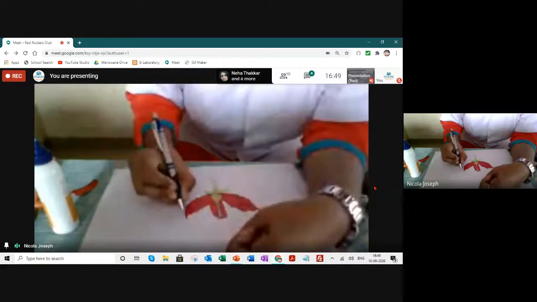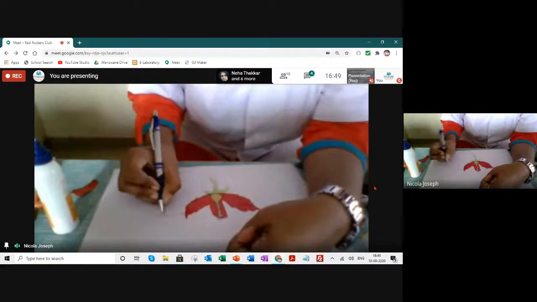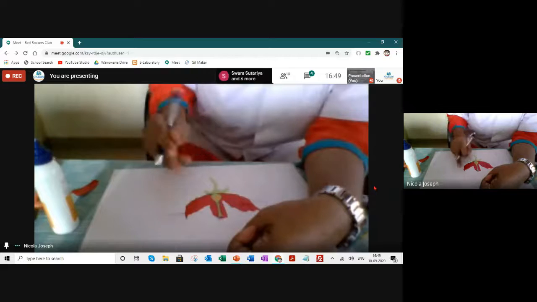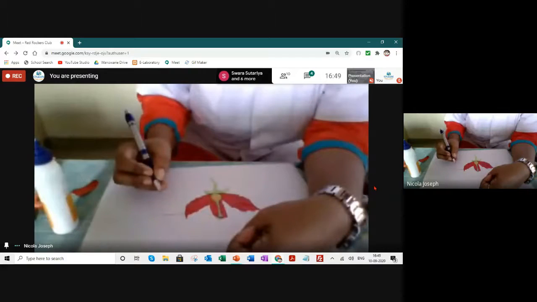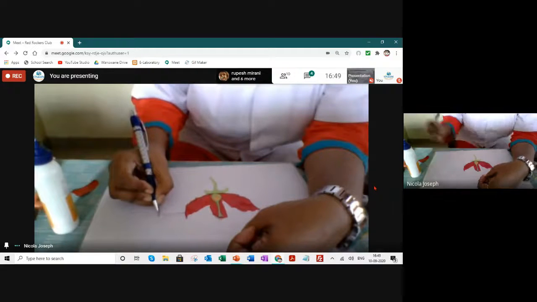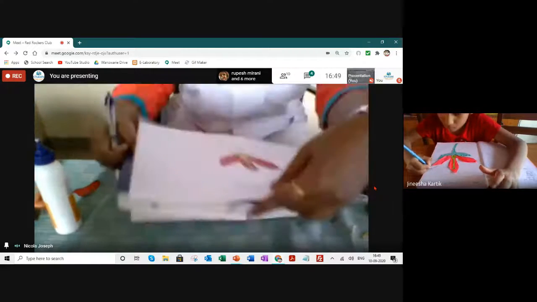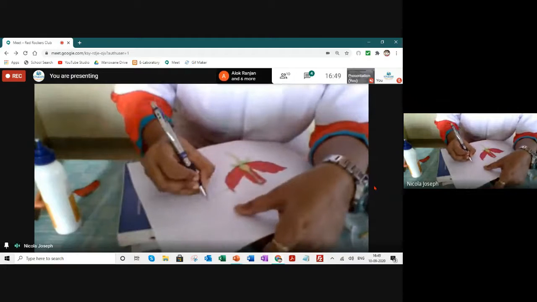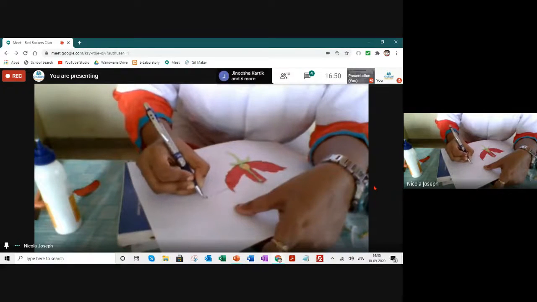Pull a line like this. I'm just writing so that you all can see. You all will write petal, in capital letters. P-E-T-A-L, petal.